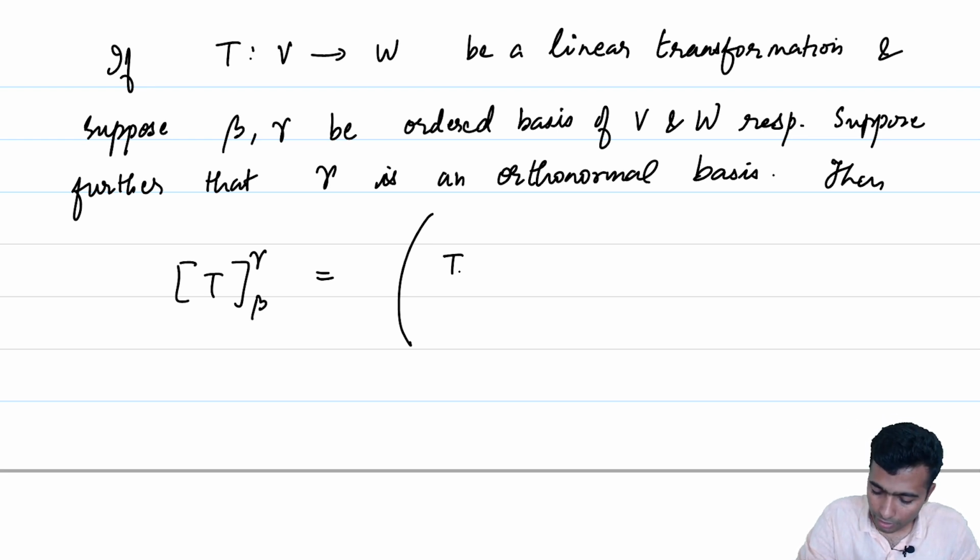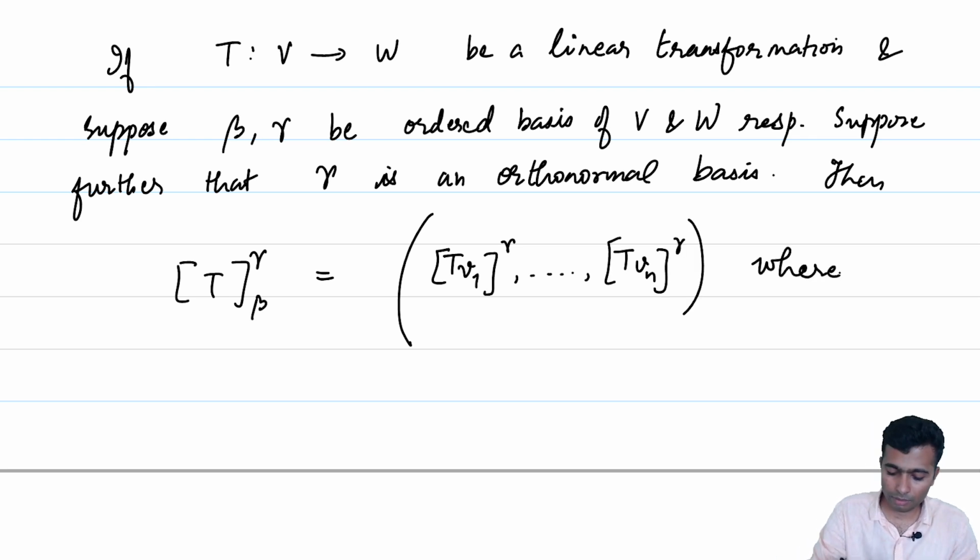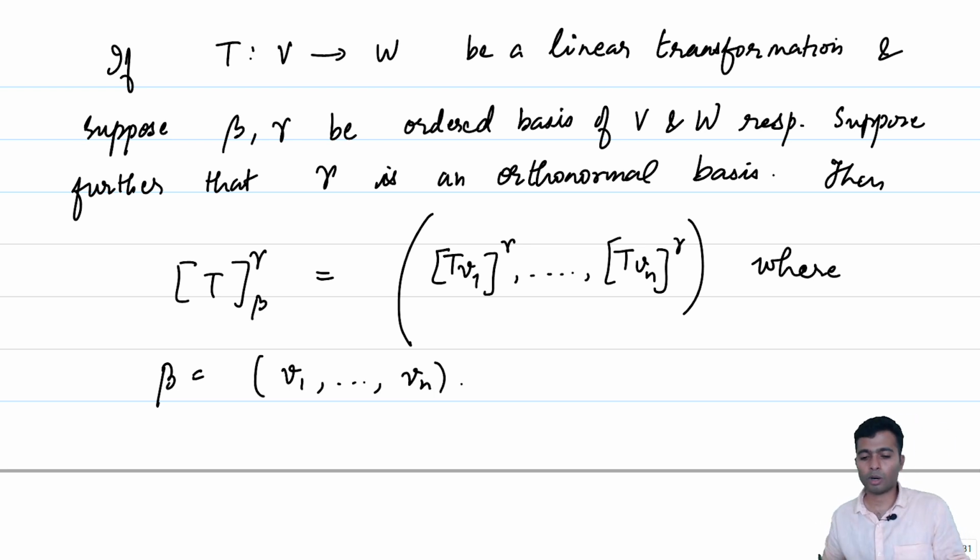This is just going to be the columns [T V1]gamma up to [T Vn]gamma, where beta equal to V1 to Vn is the ordered basis of V. So we have written the column vector representation of each of T V1, T V2 up to T Vn, and that will be the columns of our matrix. Alright, so let's now look at a few examples of what we just did.